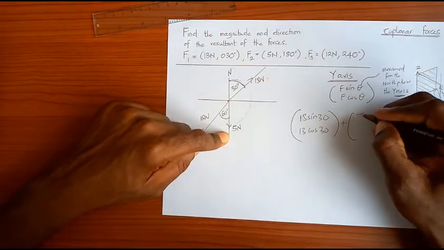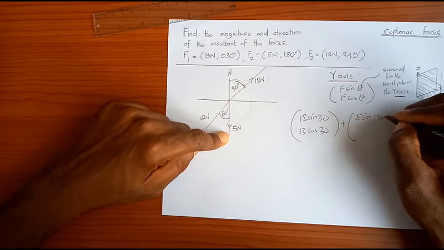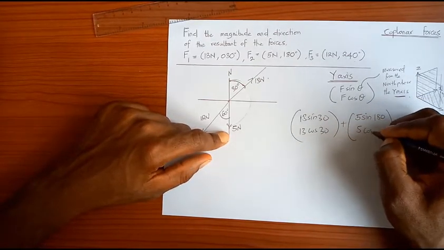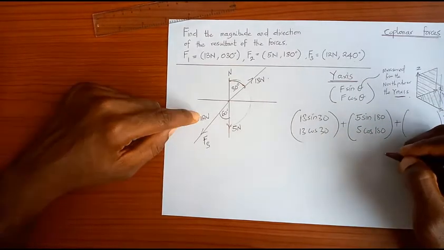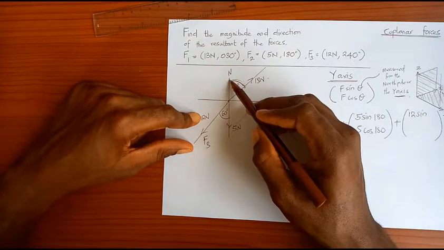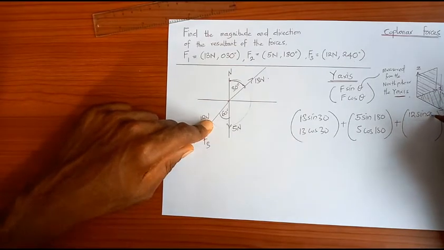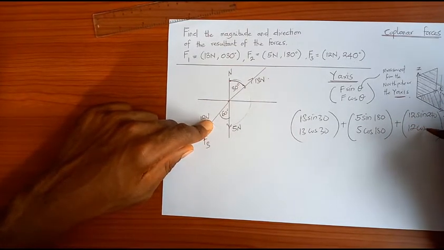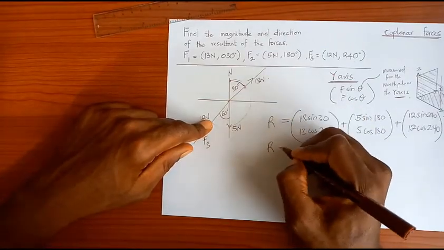So I have 5 sine 180, 5 cos 180, plus my third force, 12 newtons. So I have 12 sine the angle from here all the way here, which is 240. So this is my resultant force.